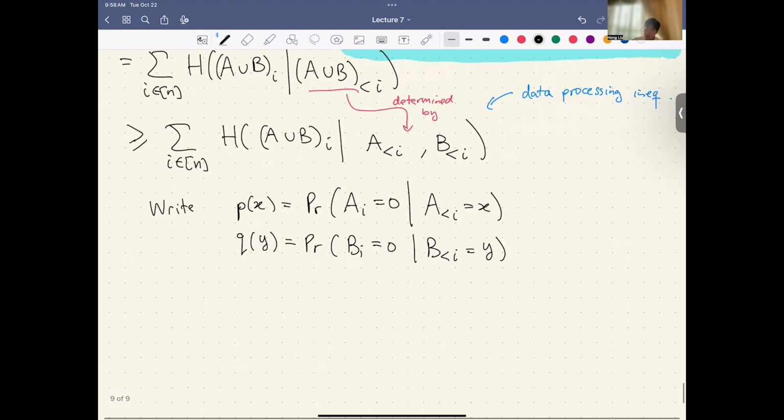By this definition, what is the expectation of Px? What's the expectation of Px over all possible x?